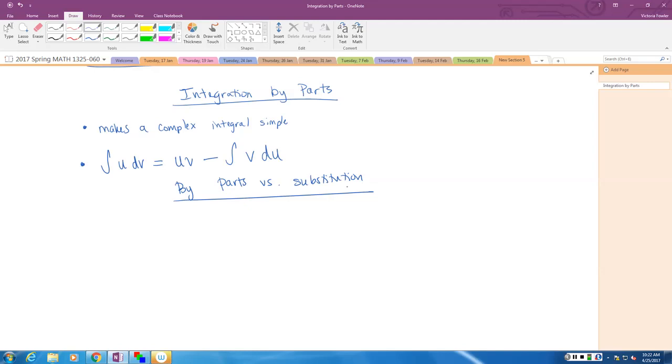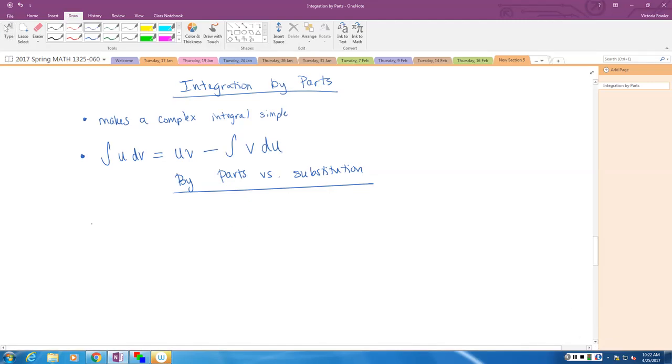I'm going to write down an integral, and we're not going to solve it, but you're going to tell me what we should use. I've got the integral of x squared over x cubed plus 5 dx. How would I seek to work this? By parts or by substitution?